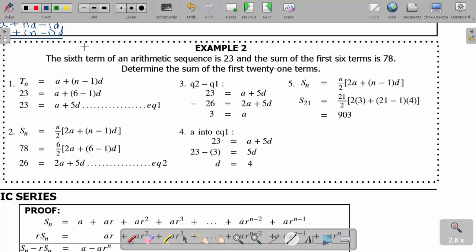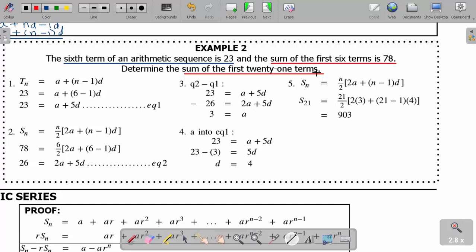The 6th term is 23, and the sum of the first 6 terms is 78. I need S21 now. That's what I'm looking for.